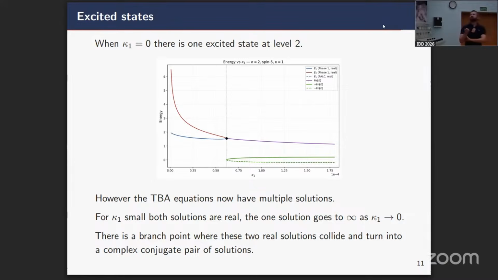But this was a bit of a surprise to us, that you have this kind of splitting into a complex conjugate pair. And what you would then expect is, if this energy has split into a complex conjugate pair, there should be some other energy that it has collided with. And indeed, numerically, we can try to find this extra solution. So we solve our TBA equations and now find a solution where the energy diverges as kappa 1 goes to 0.